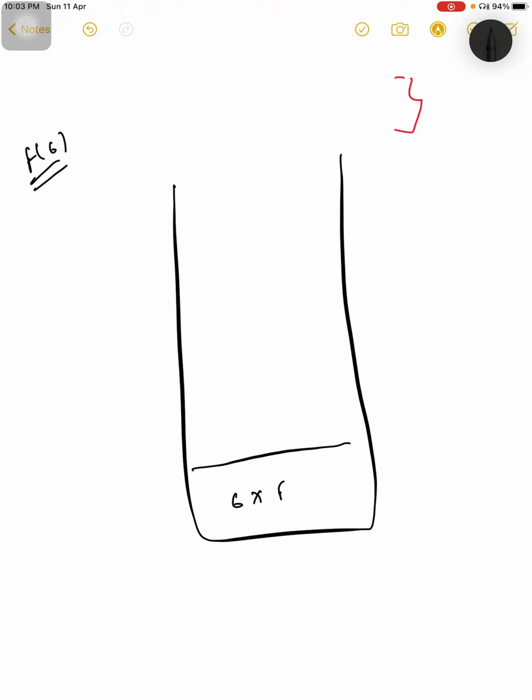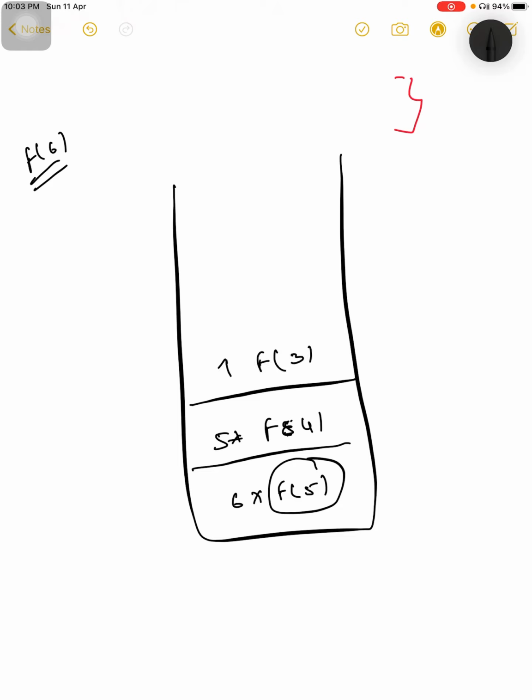So we have f6 in the stack for the first pass, and then we again do the calculation for f5, which is f of 4 into 5. We push again the value for f4, that is f of 3 multiplied by 4. Again diving deep, f of 2 and 2 into f of 1, and then simply returning the value 1.